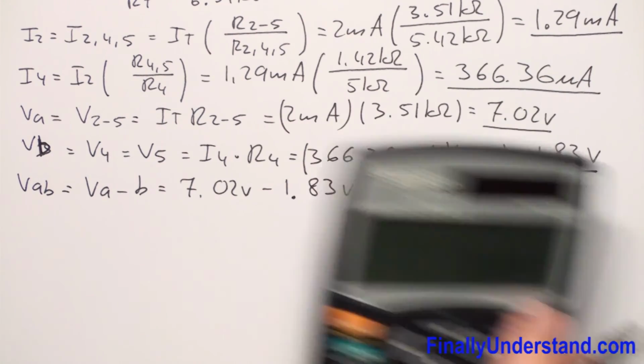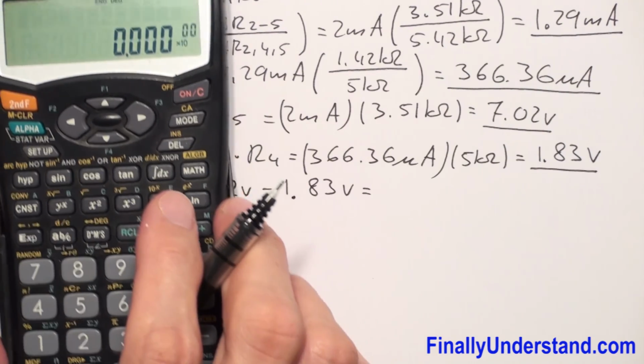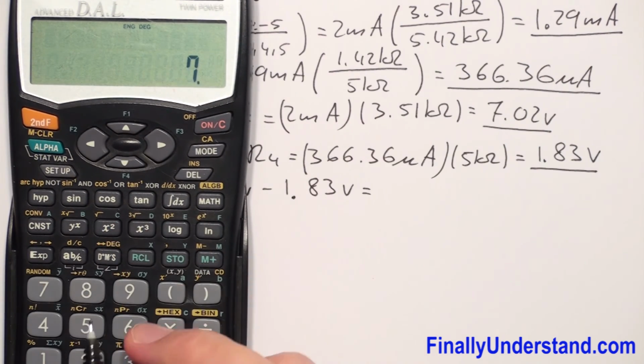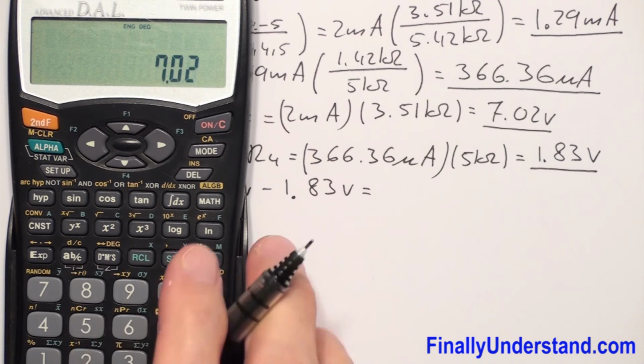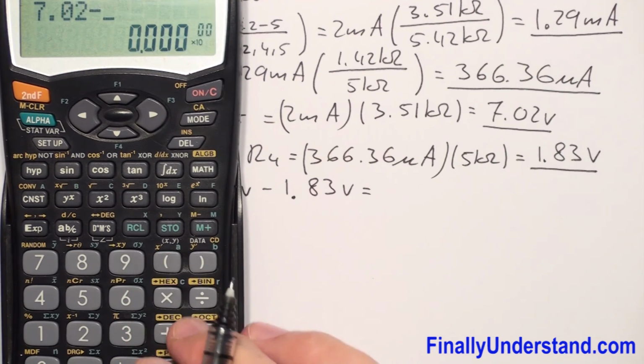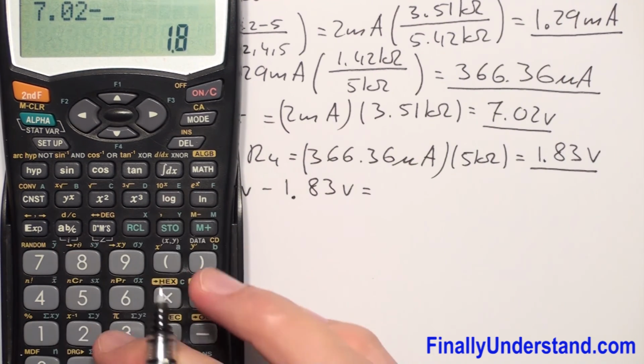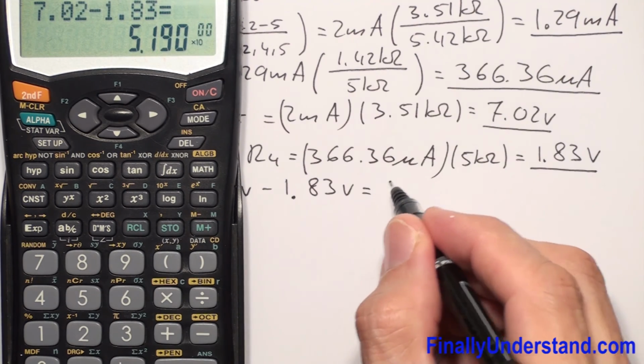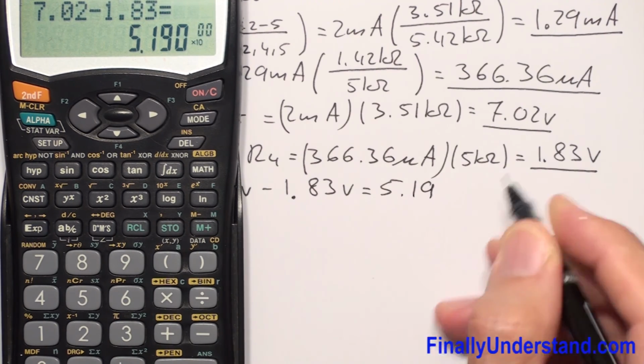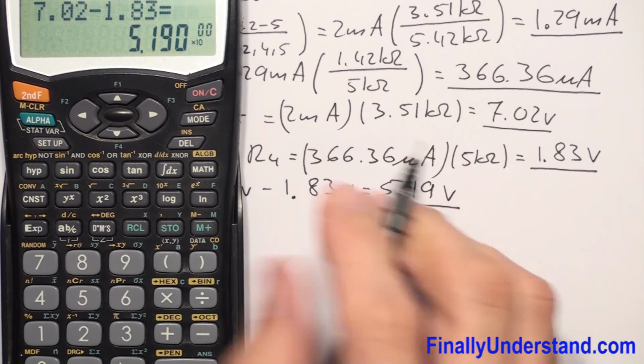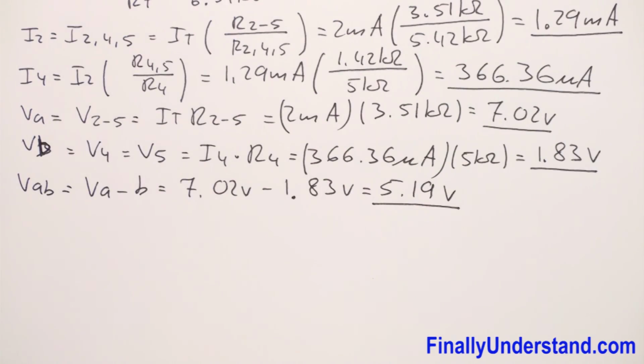This is equal to 7.02 minus 1.83, which is equal to 5.19 volts. So this is my voltage VAB.